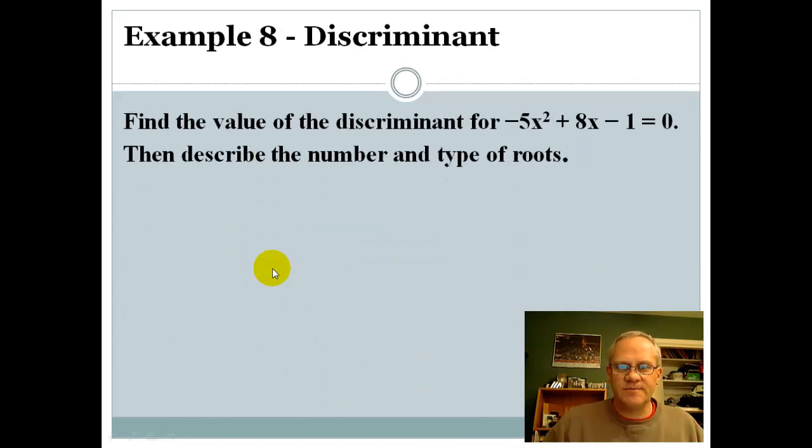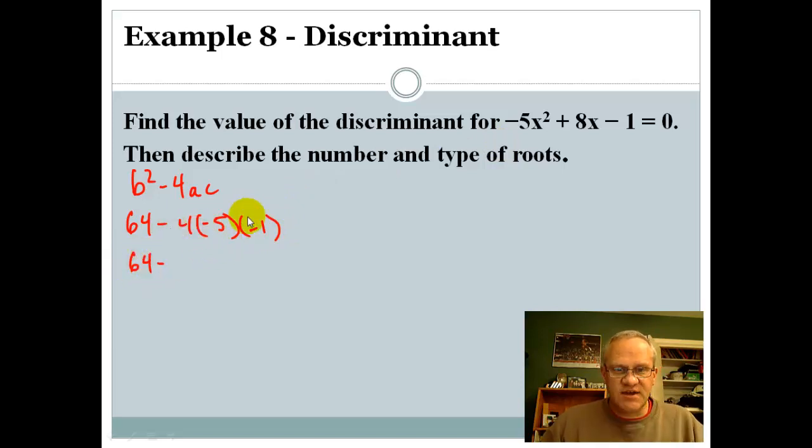Alright, last one here. Again, remember, b squared minus 4ac. b squared is 64. Minus 4 times, this time a is negative 5, and c is negative 1. Now let's be careful here. Technically, this works like negative 4 times negative 5 times negative 1.